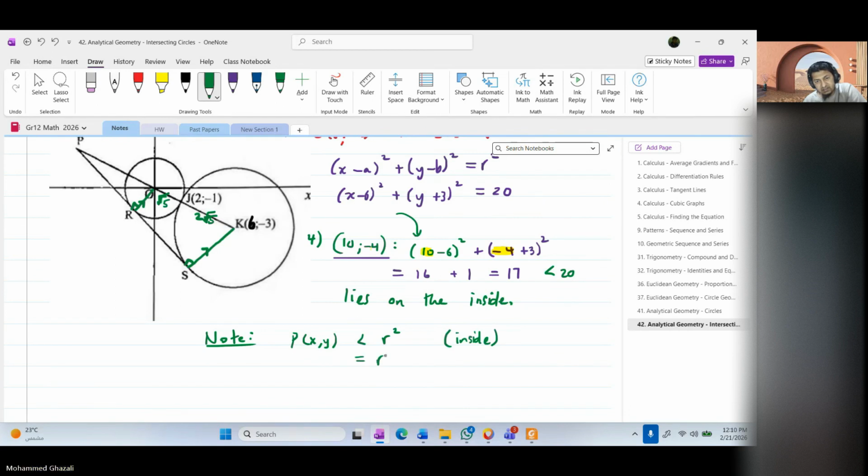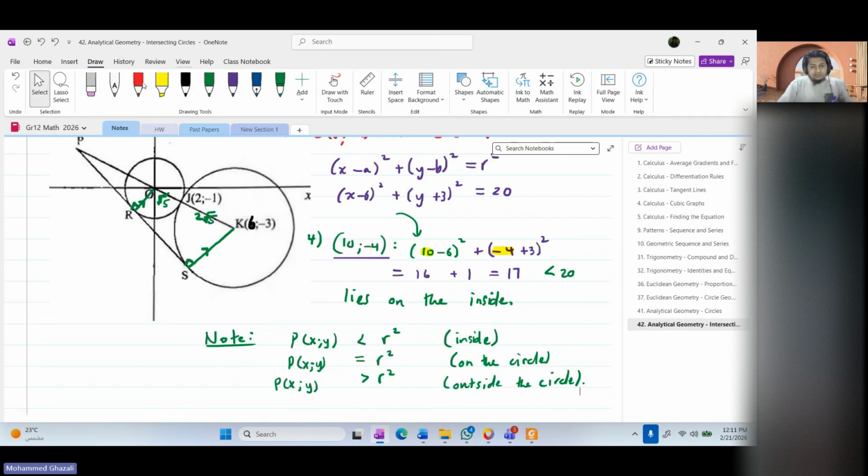If the result is equal to r squared, then it is on the circle, on the circumference of the circle. And if it's greater than r squared, then the point is outside the circle. Those are the key concepts.